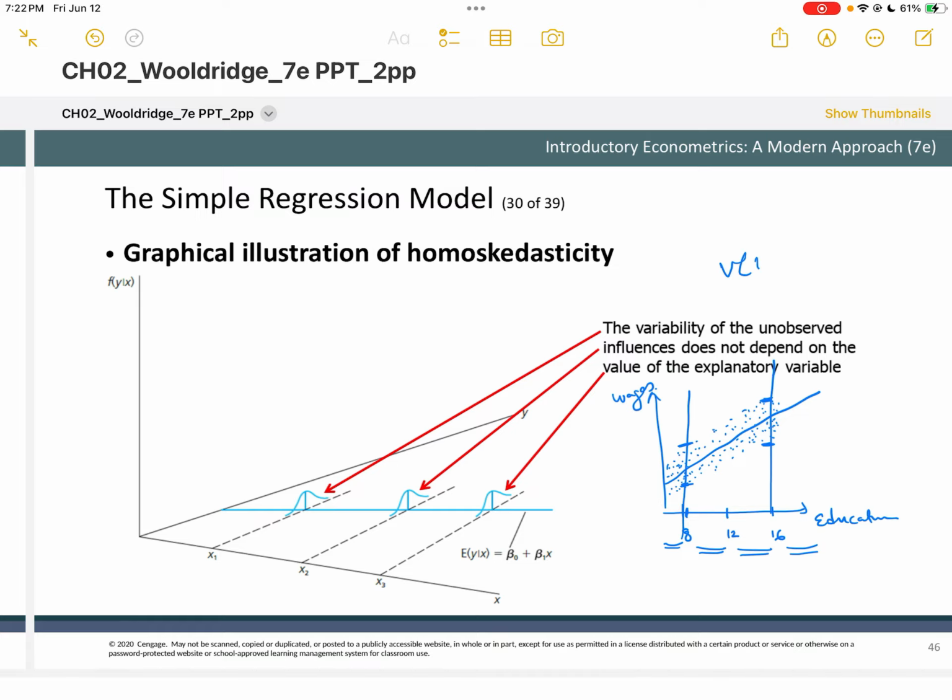Now, this really is the variability of some constant. The variability of the unobserved influences does not depend on the value of the explanatory variable.